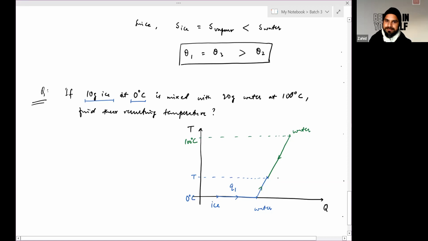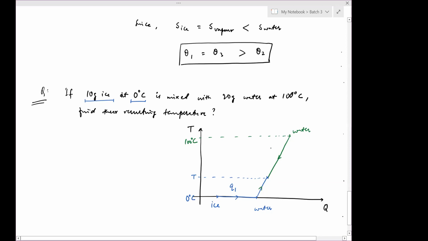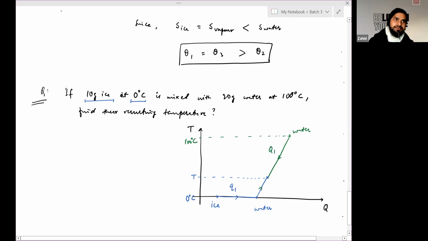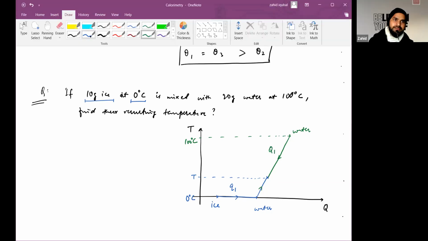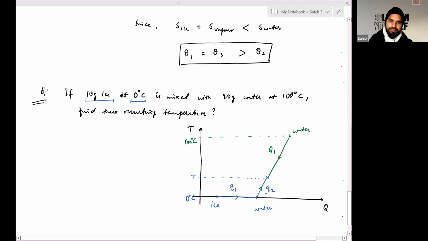Is it clear? Yes, sir. So let's say this is Q1 and this is Q2. So you can say heat absorbed by ice must equal heat lost by water.